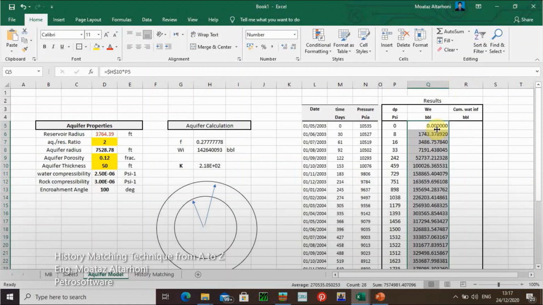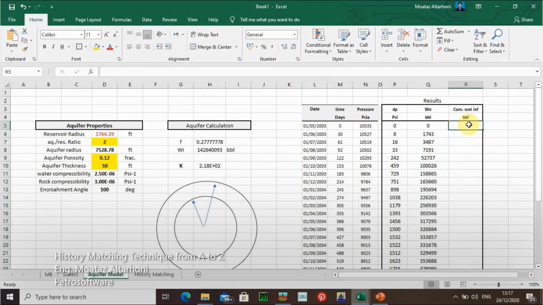Okay, I calculated how much volume at each step. We can see here this is the water influx at each point. So I need to calculate the cumulative: this number plus this number, I will get this.